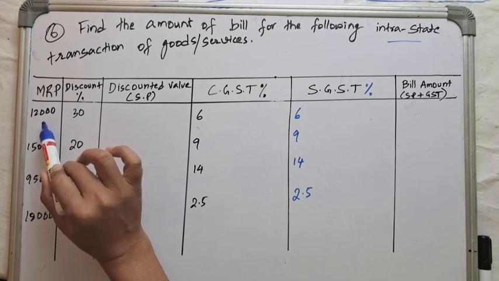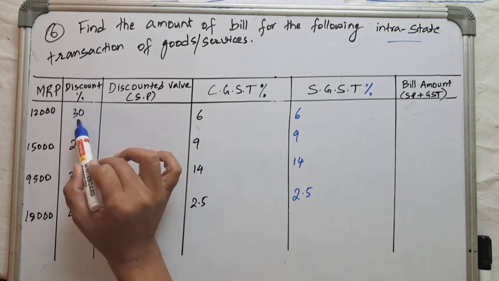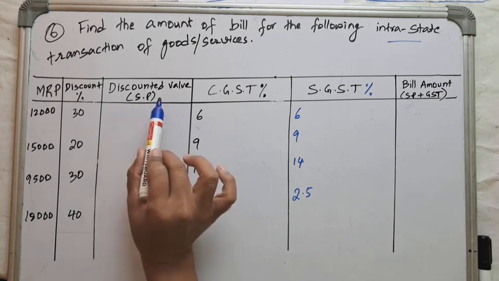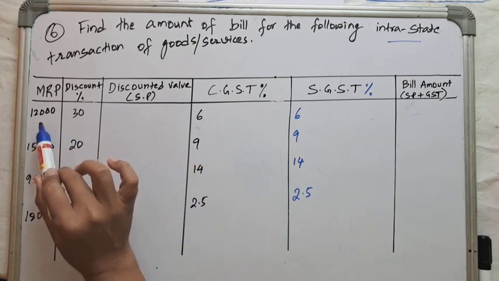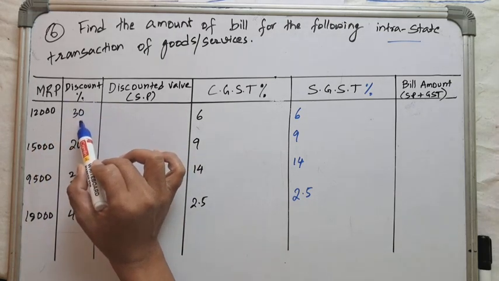MRP 12,000, maximum retail price is 12,000, discount 30%. Discount percent given is 30%. So what will be the discounted value, or the selling price, SP? MRP is 12,000, discount percent is 30%.